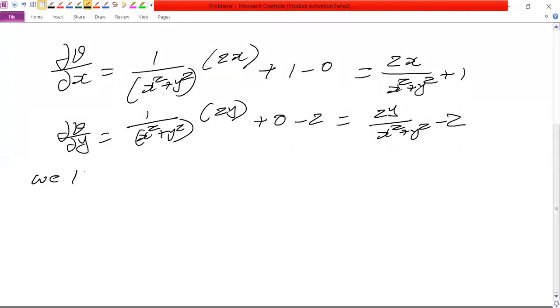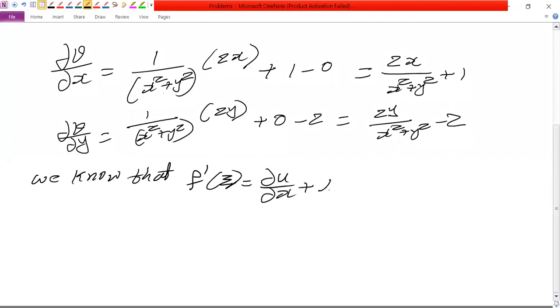We know that f dash of z equals dou u by dou x plus i into dou v by dou x. This is the actual formula. But how to write this one? What is the given function? Is it u or v?